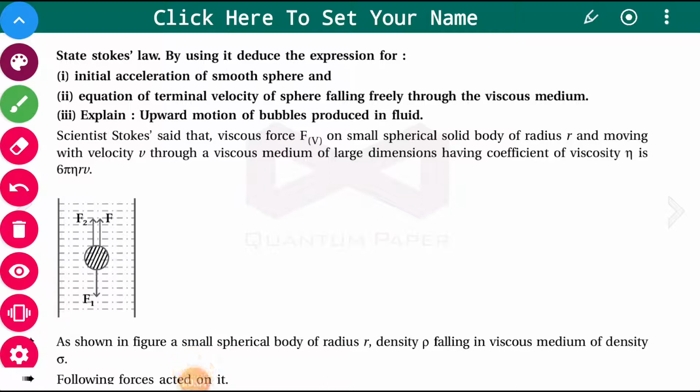The discussion is Stokes' law, and we shall derive the equation of the terminal velocity, and that is our main point here.